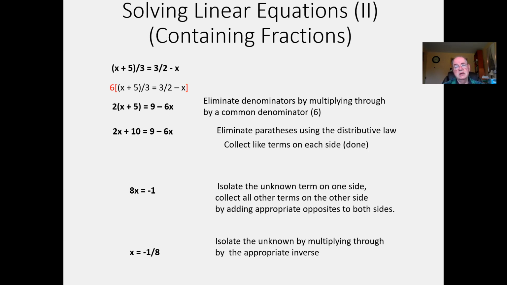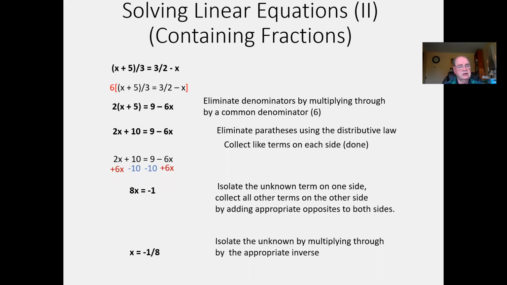Every single term gets multiplied by 6, not just the ones that have the denominators. Otherwise, you'd break the equivalence. You haven't done the same thing to every single term. So that's the purpose why I picked this equation, to try to point out some of these old rules from the past. The rest pretty much is following our nose as we have done previously.